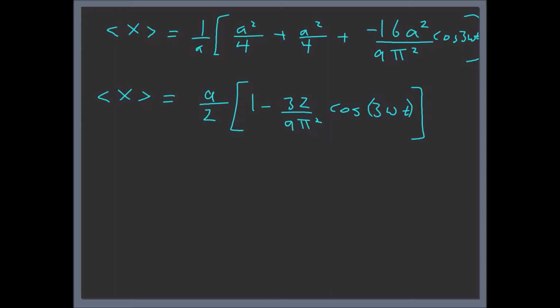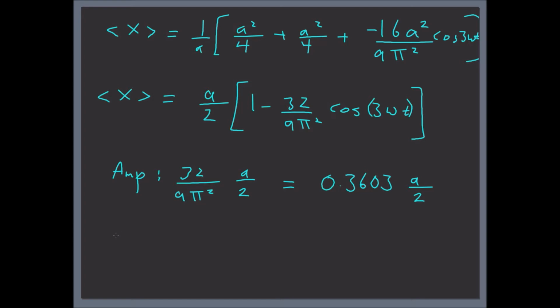So the amplitude of this guy is 32 divided by 9 pi square times a over 2, right? This is the amplitude, which simplifies to 0.3603 times a over 2. So this is the height of the wave function.